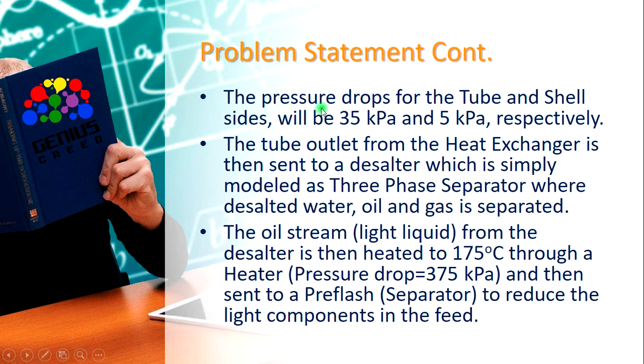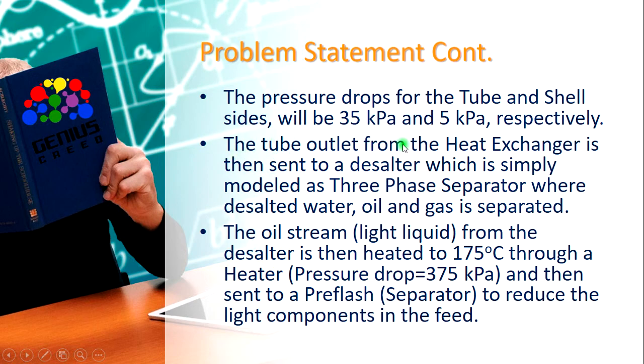So now the pressure drops on the tube and shell sides will be these respectively. You can write them down. You can pause the video and be coming back and forth, shuffling between HYSYS and the video.